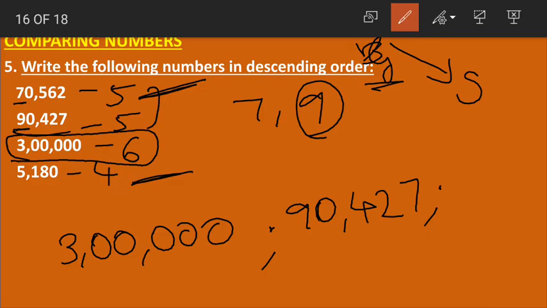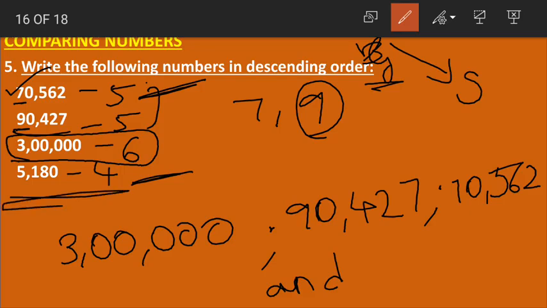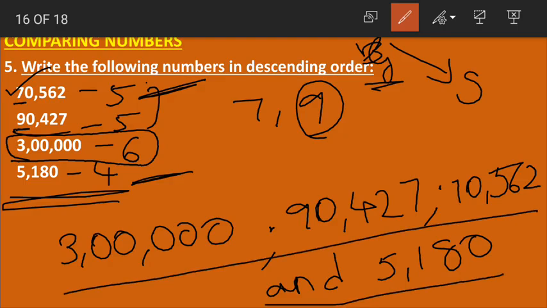Which of these two is the bigger number? 70,562, because it has more digits. So the next number becomes 70,562. And what will the last number be? The remaining number is 5,180. Now this will be the descending order for the given numbers.